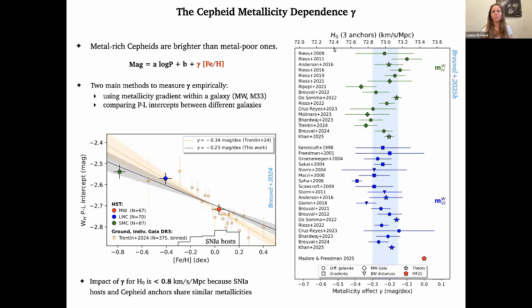Because now we are fitting many anchors and many host galaxies, both gamma and H naught are simultaneously well constrained. So there's really no case where we have a large uncertainty in gamma. It's basically minus 0.2 plus or minus 0.1, and that's the pessimistic situation. Usually you can calibrate it even better. So I wouldn't say large uncertainties in gamma would affect the Hubble constant in any way.